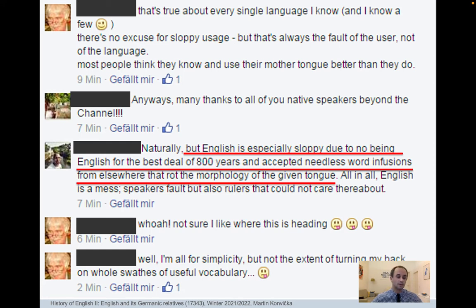But the idea is always, regardless of the language and regardless of the time, actually, when such a quote is uttered, it's always somewhere back in the past, when the language was perfect, or at least close to perfect.